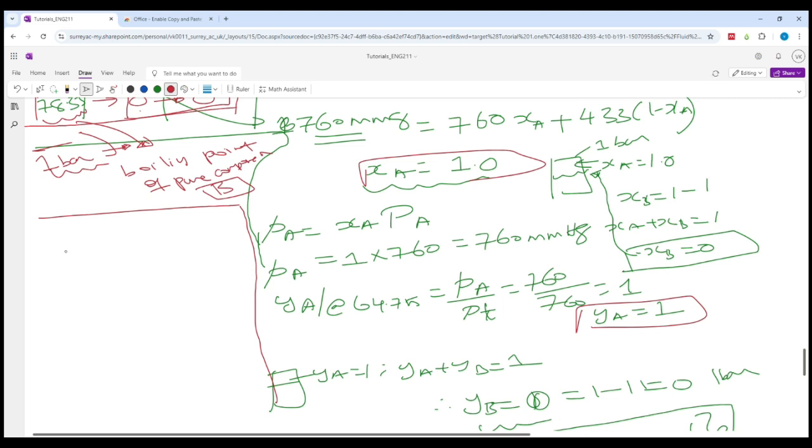So if you plot them, what I asked you to plot is XA versus YA. The more volatile component is A, and its mole fraction in the liquid phase versus its mole fraction in the vapor phase. Since it's mole fraction, it should range from 0 to 1, 0 to 1, and there should be a diagonal line.